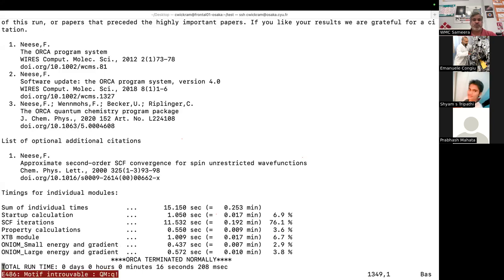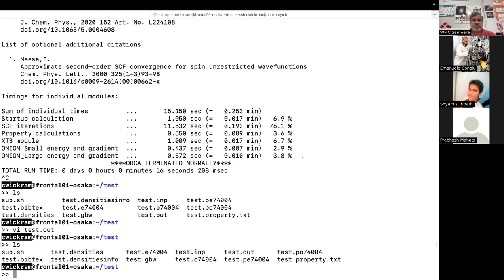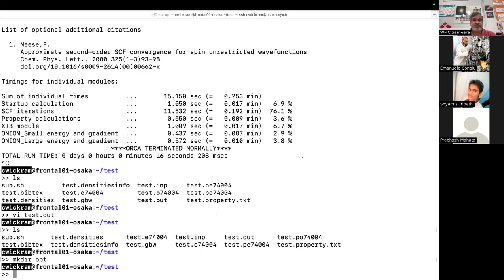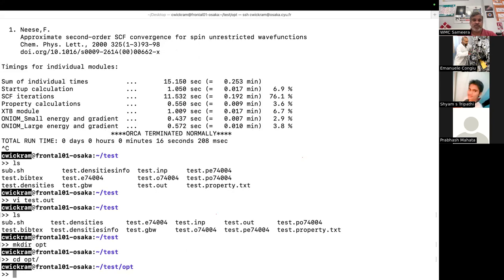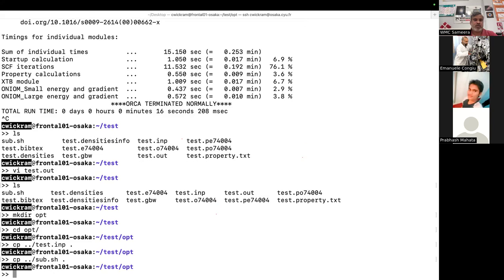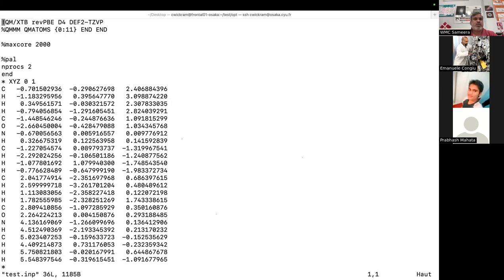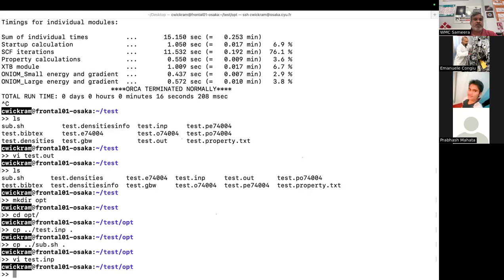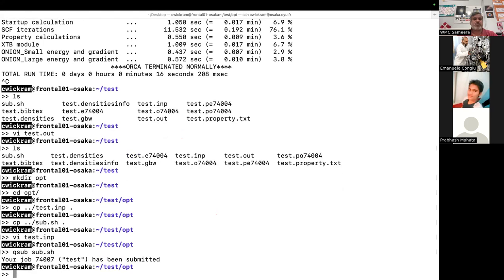If you want to run optimizations, again you can follow the same procedure. You know how to optimize structures now. We can simply apply the keywords OPT and FREQ, and then you can simply run structure optimizations.